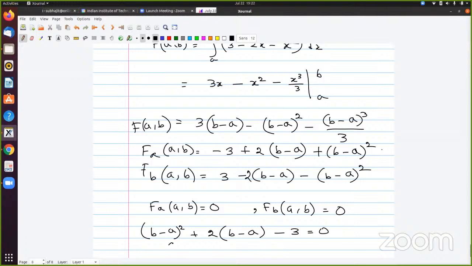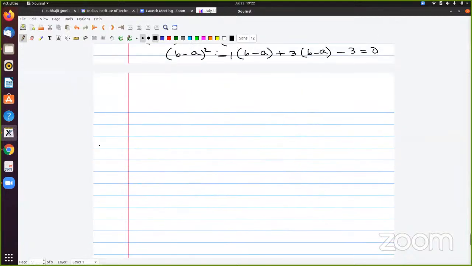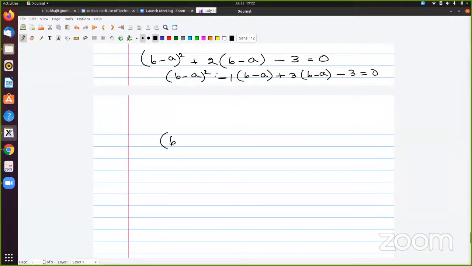So if we write it like this, I can take b minus a common.